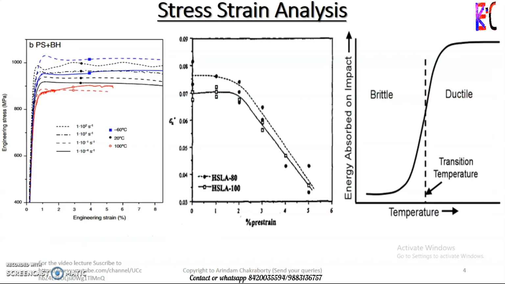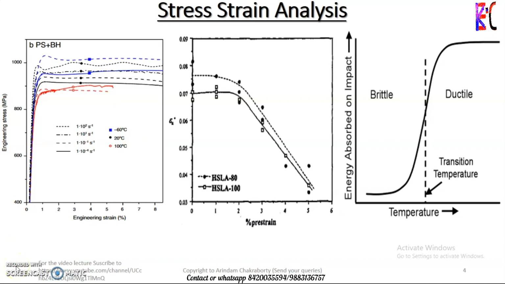Now stress strain analysis. We know this is the stress strain curve at a certain angle, certain degree. Why am I coming to these things, why is it so important?